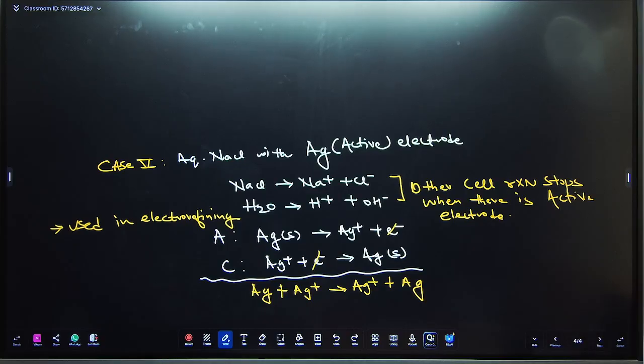So what happened over time? Anode started losing weight and cathode started gaining weight. You will take pure silver as cathode and impure silver as anode, and when you start this reaction, over time, all the silver in the impure part will go to the cathode. Only impurity will be left as anode mud.